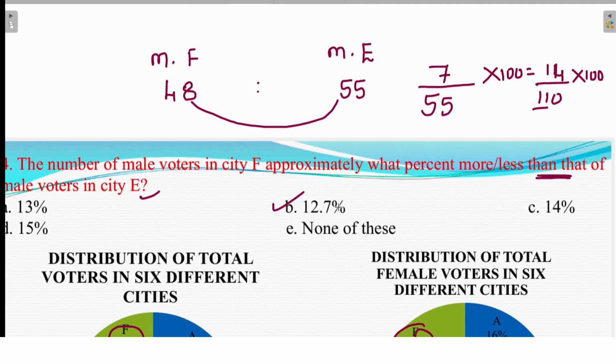So nearest to 13% is the answer. Otherwise you do the normal basic method, 140 divided by 11. 11 into 12 is 132, so you will get 13.2. So the option nearest to that number is my answer. I think it's clear for you.